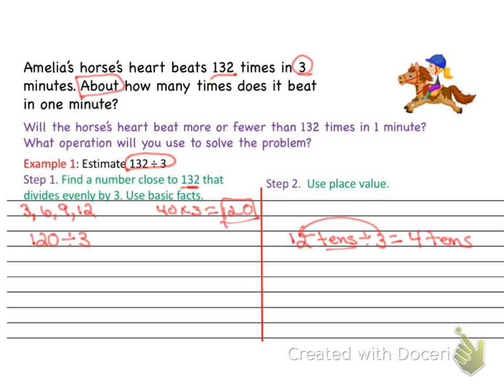On the other side, remember some of our tricks here. We talked about crossing out the 0 and saying 12 divided by 3 equals 4, and then putting the 0 back on. In place value terms, it looks exactly the same. 12 tens divided by 3 is 4 tens, or 120 divided by 3 equals 40.